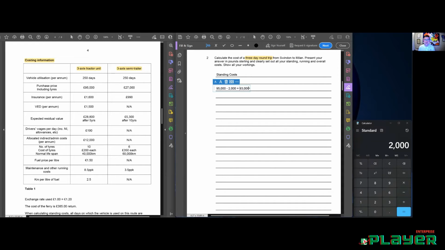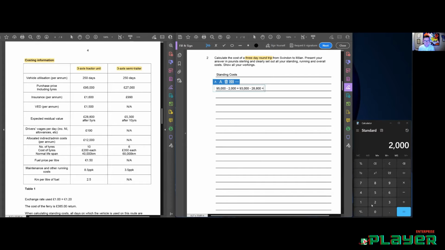But I've got to work this out now to a daily cost. So the next thing I need to do is take away its residual value. Its residual value here, it tells me, is 28,800. So I'm going to minus 28,800.